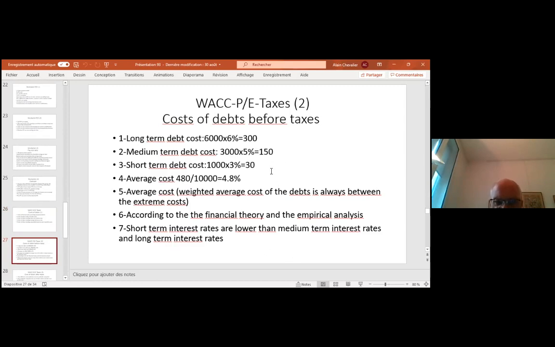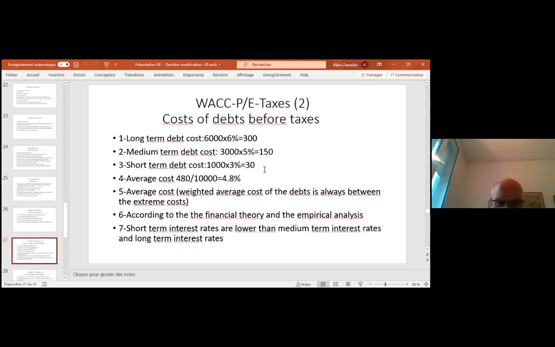And it is exactly, if you want to see the elements more precisely, a kind of byproduct of June 19, part 6. June 19, part 6 has just modified the amount of debt. If you have a look at this exercise as it is in the exam, we have 3,000 long term.